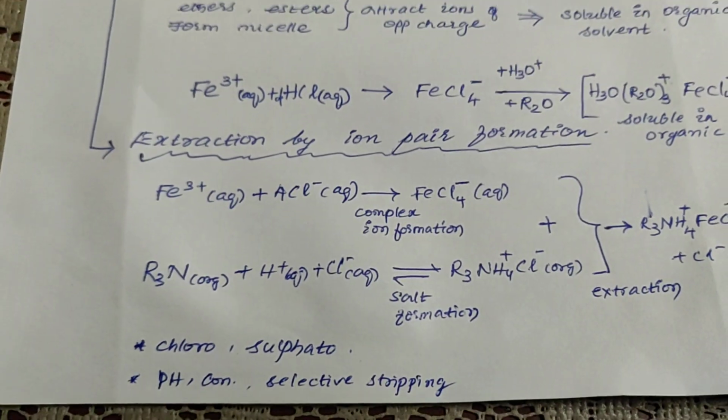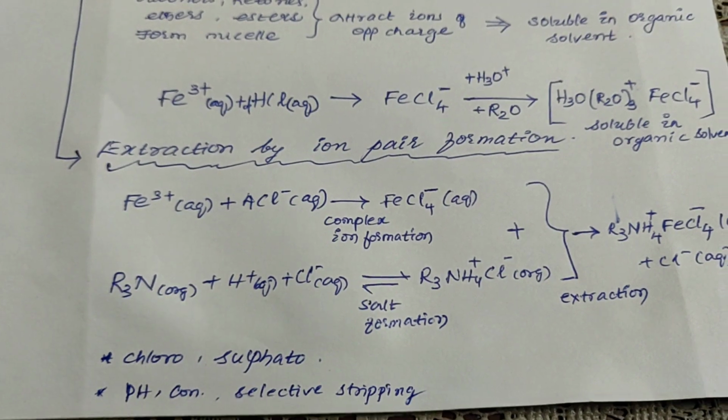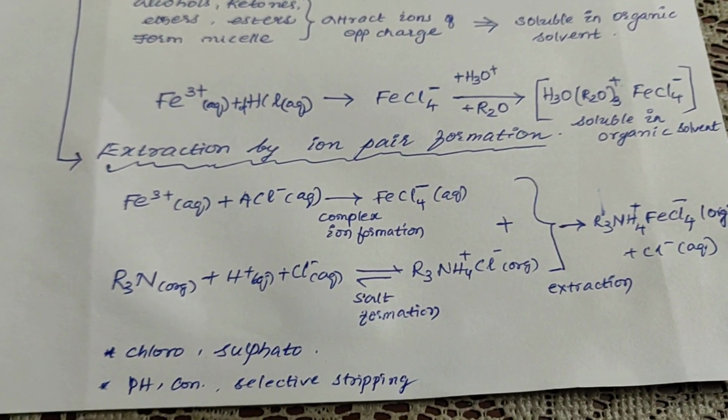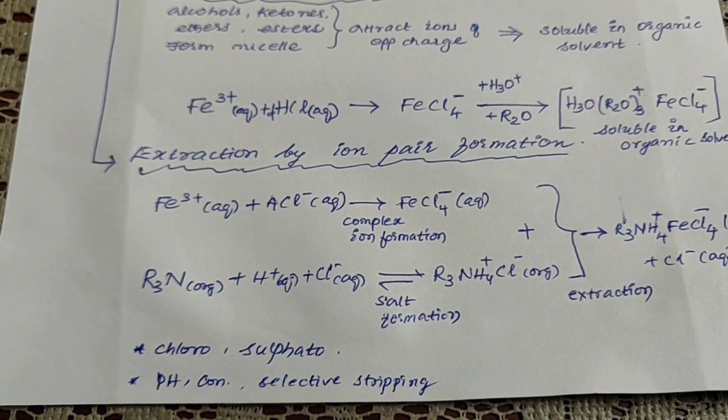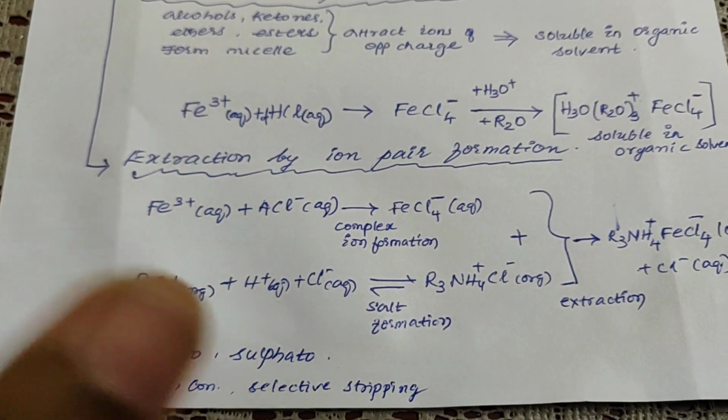Using this ion pair formation, we can separate metals as either chloro or sulfato complexes, that is, complex ions and ion pairs.